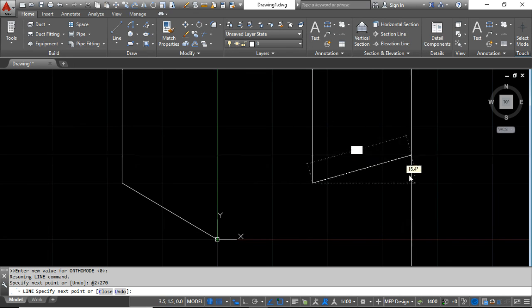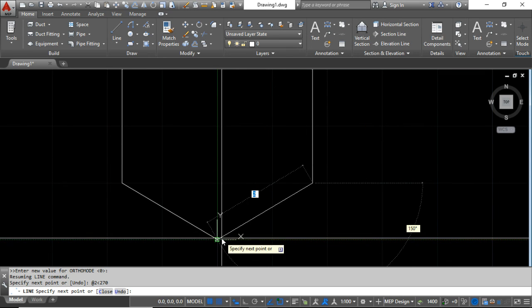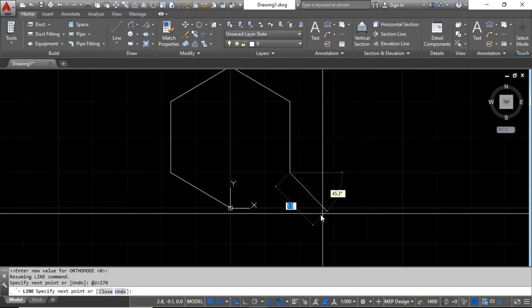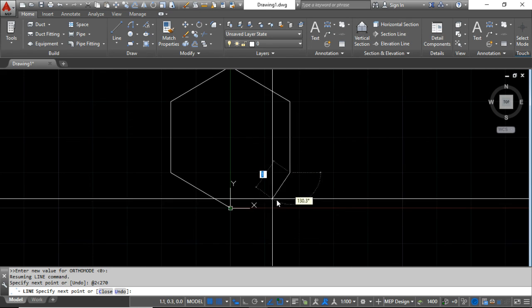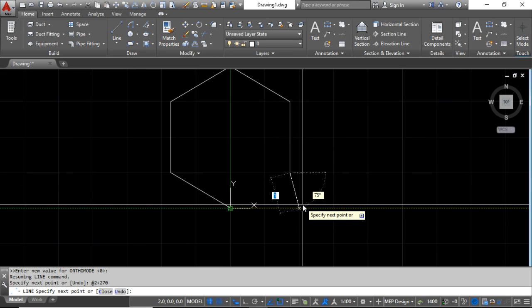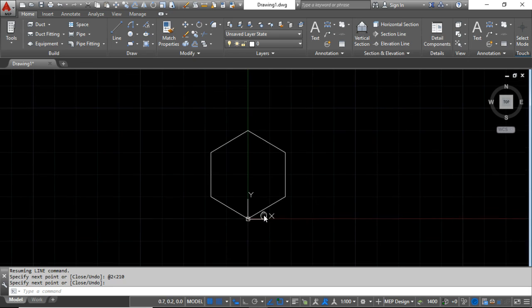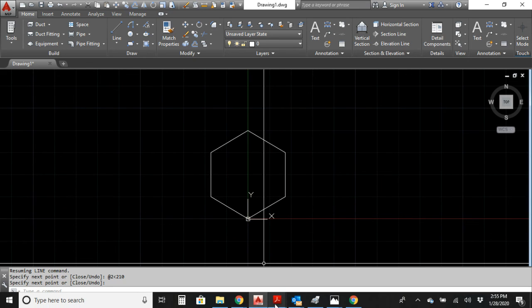If I come from the clockwise direction, it's going to be 150 degrees in the negative direction. I want to put positive numbers in. So at 2 angle 210, and that should close my geometric shape. So that's it. That's how you do that one.